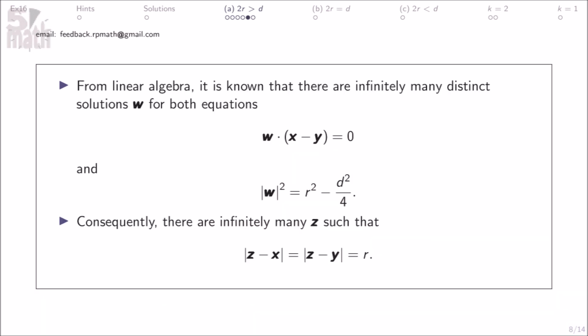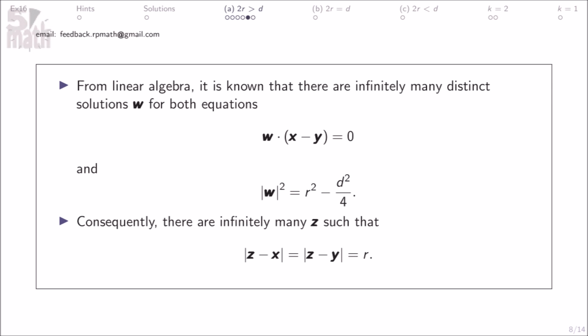From linear algebra, it is known that there are infinitely many distinct solutions w for both equations, w · (x − y) = 0 and |w|² = R² − d²/4.